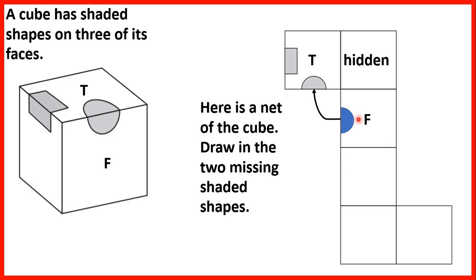And then when this face folds around, this face here will fold all the way around and cover this edge. So that's the face on the left of what we can see. So we have a rectangle on this face, and we need to draw our rectangle here because this edge is going to meet with this edge here. So we have our 2 missing shaded shapes.